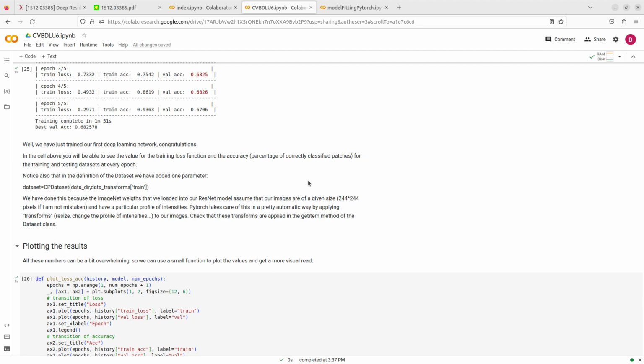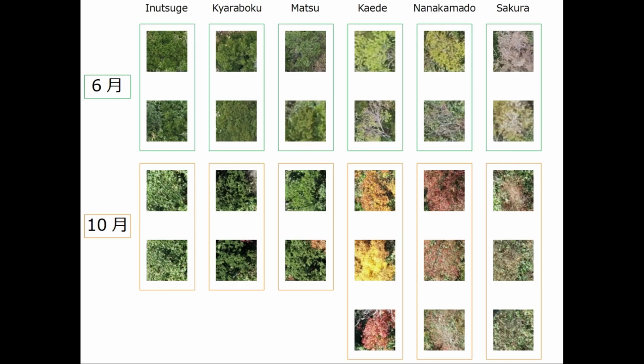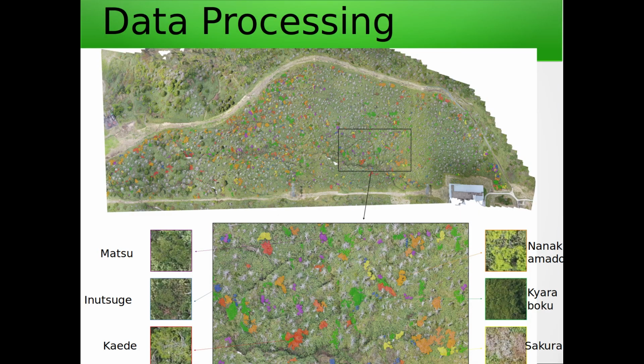Is that a good result? Yes, it is. In some classification problems it may not be, but in this one, when we ask a bunch of humans, some experts, to classify these bushes in these same 6 species that we have trained a deep learning network to classify, okay, into these Matsu, Inutsue, Minakaeden, Nakamado, Kieraboko, and Sakura species, the best performance by a human observer was 55%.